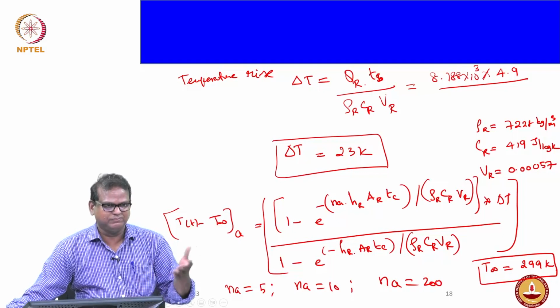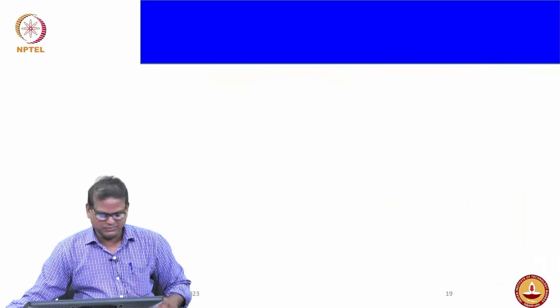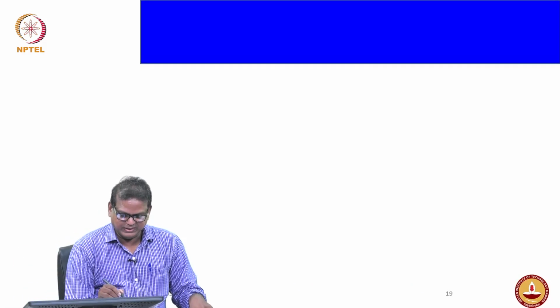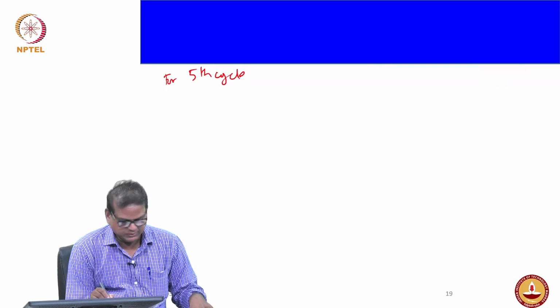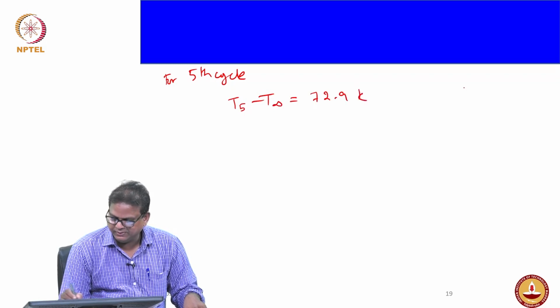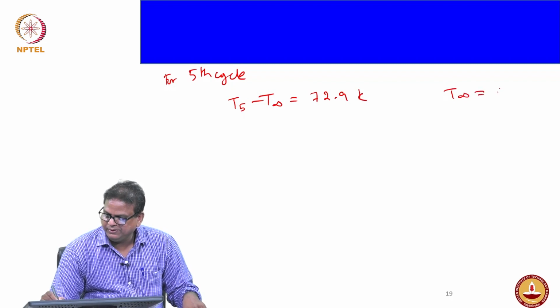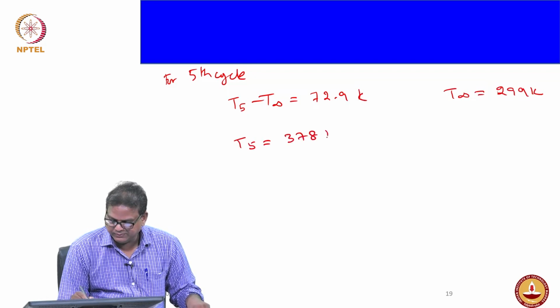So what I am going to do is straight away give the answers rather than substituting. I will show the method for how to do it, and you do it at home. For the 5th cycle, this is T5, T infinite will be 72.97 Kelvin, and I know your ambient temperature is 299 Kelvin. So T5 would be 378 Kelvin.